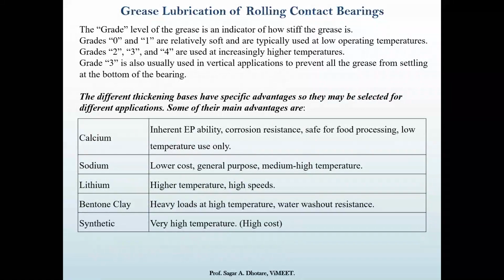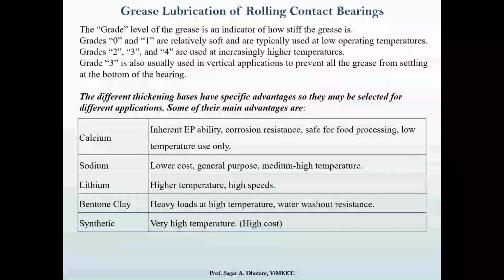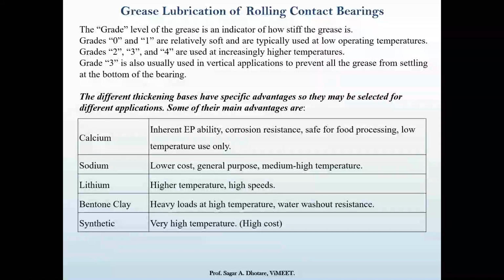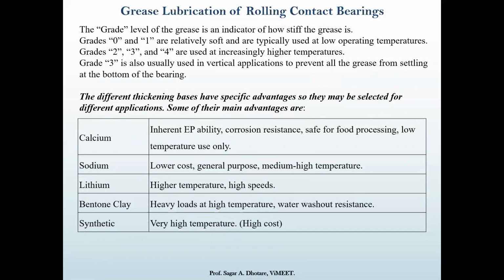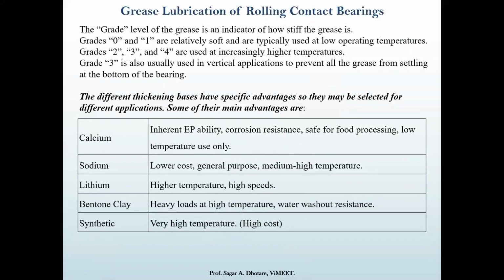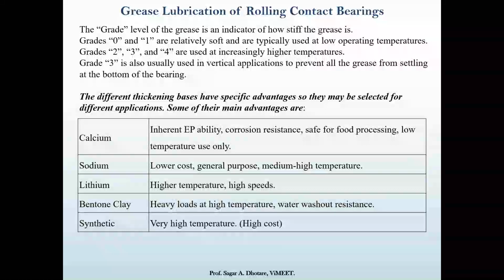So these are the lubrication grades, where the grade levels and the operating temperatures are also shown over here. And based on the thickener base, the specific advantages are given, so that you can select for a different application. Some main advantages of some specific additives are tabulated over here. So grade numbers 0 to 1 are relatively soft and are typically used for low operating temperature.